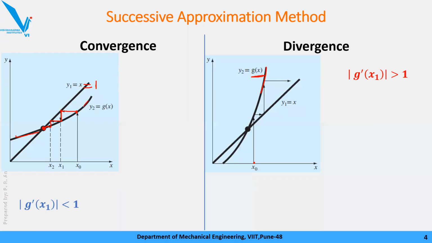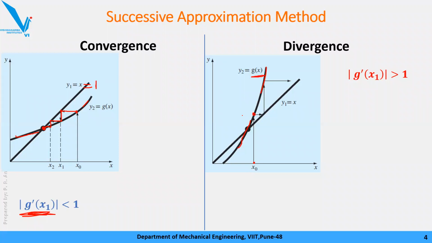If this curve has a lesser slope, that means we are satisfying the convergence criteria and going towards the root. Now see, here your curve is very stiff, that means the slope of this g of x is more than 1, and if that is the case, see how it behaves. We started with x0, and based on x0 we calculate g of x.